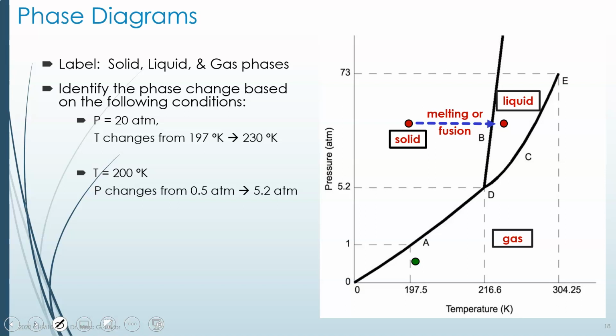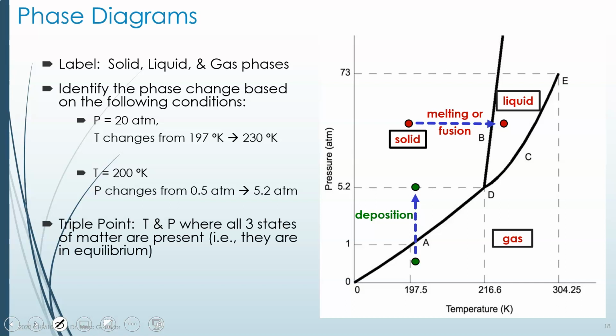And now we are increasing the pressure. It's going up to 5.2 atmospheres of pressure. And you can see we used to be at a gas phase, and now we have gone to a solid phase. So this is an example of deposition. Remember, going directly from a gas to a solid, you're depositing the gas as a solid on some new object or surface. That's a deposition.